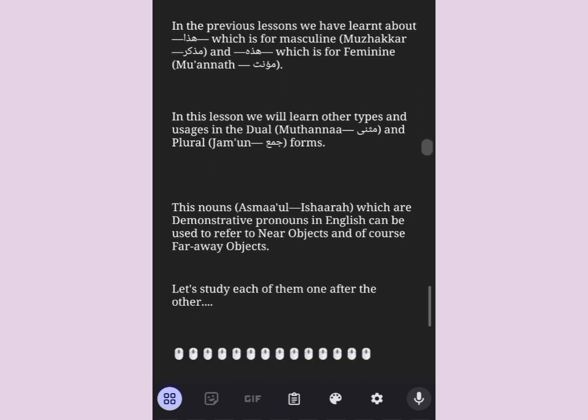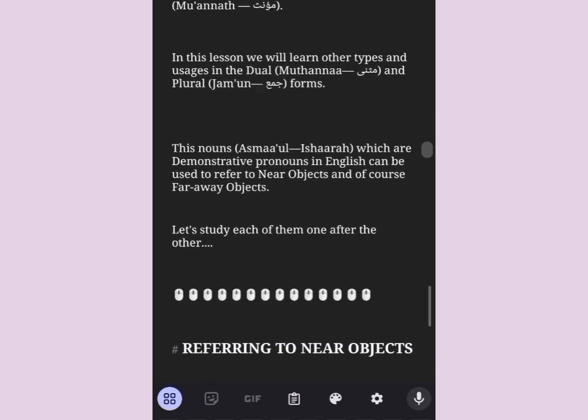Alright, so let's move on. In Arabic, just like in English, we have demonstrative pronouns that refer to something near and demonstrative pronouns that refer to something far. If you say "this", that's something near, not really very far. But if you say "that", then you're talking about something quite far, in a physical sense or in a rhetorical or figurative sense.